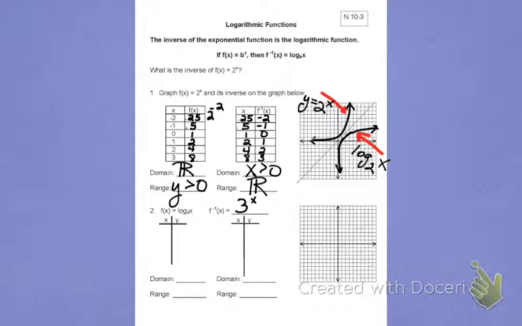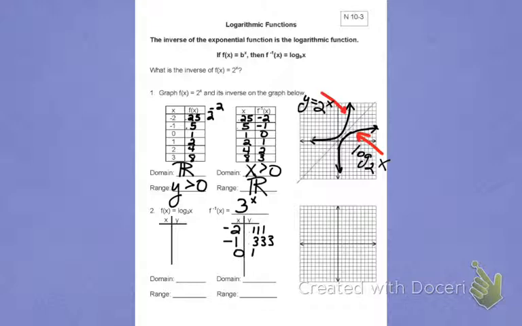Now it's much easier to graph the exponential than the log, so let's pick some points for the exponential and graph that. We're going to start with negative 2. 3 to the negative 2 is 0.111. 3 to the negative 1 is 0.333. 3 to the 0 is 1.